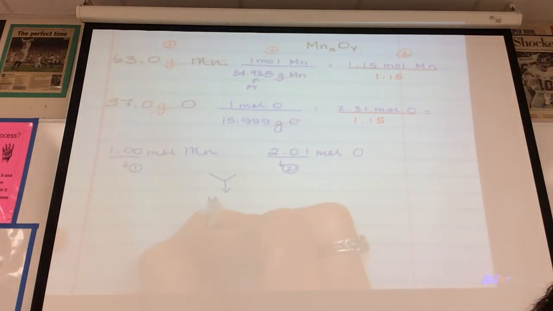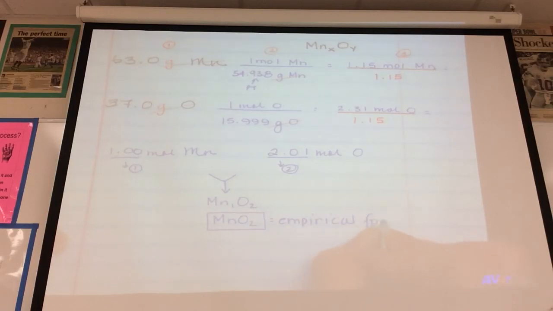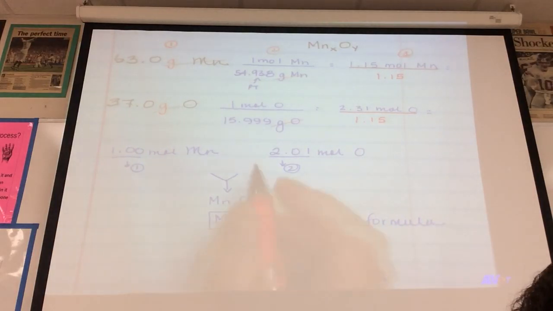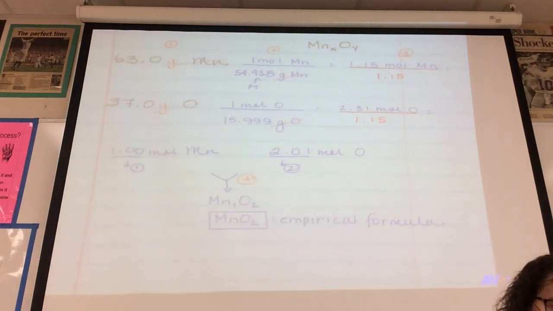And so cation first, that would be a 1. Oxygen with a 2. You don't write 1s in chemical formulas, so it's just this. Here is your empirical formula. And that would be step 4.